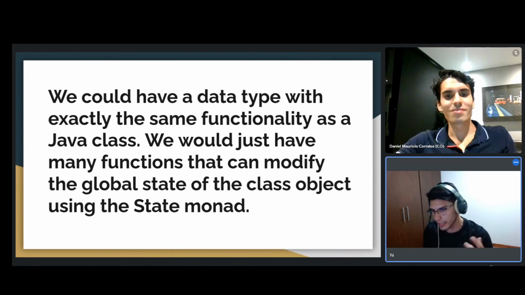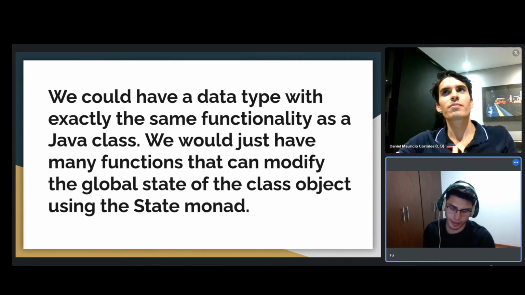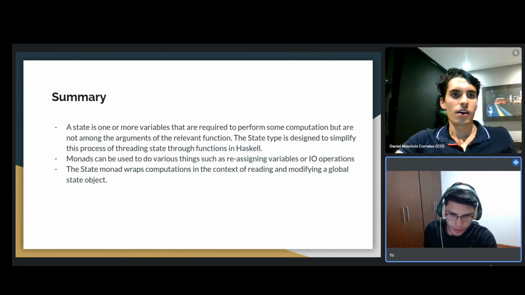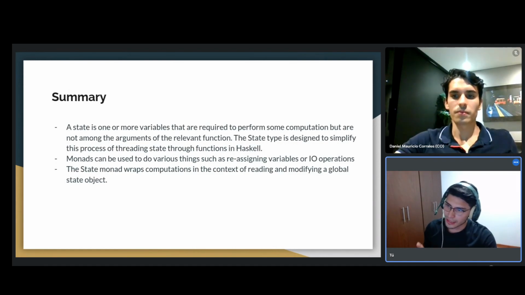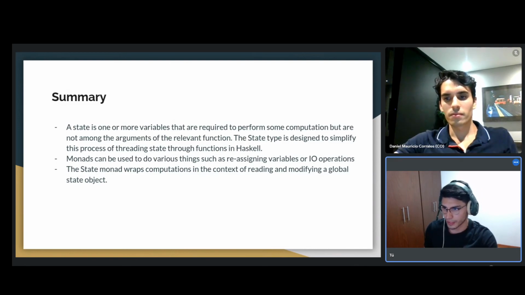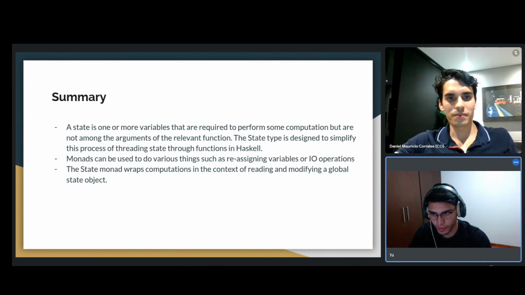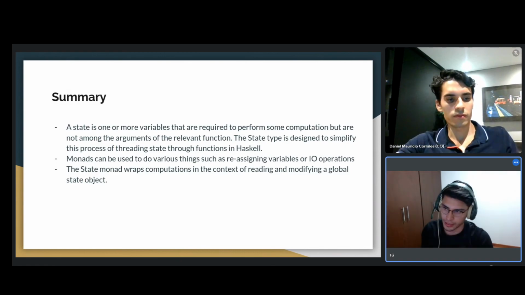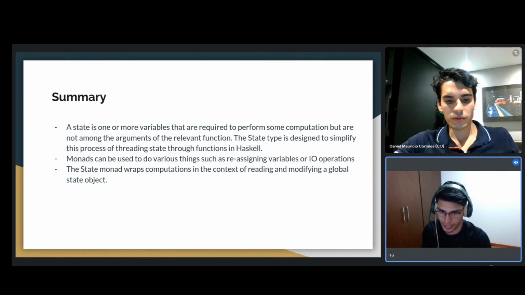Okay, and for the last, as a summary, we have these three important points. First, a state is one or more variables that are required to perform some computation but are not among the arguments of the relevant function. The state type is designed to simplify this process of threading a state through the functions in Haskell.